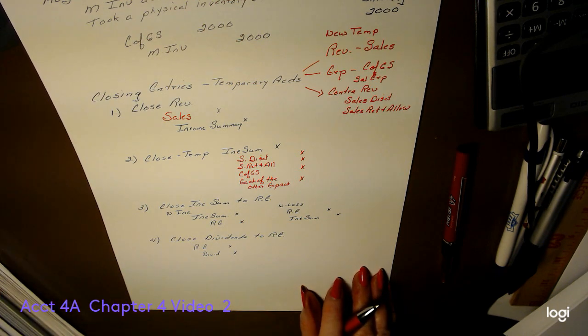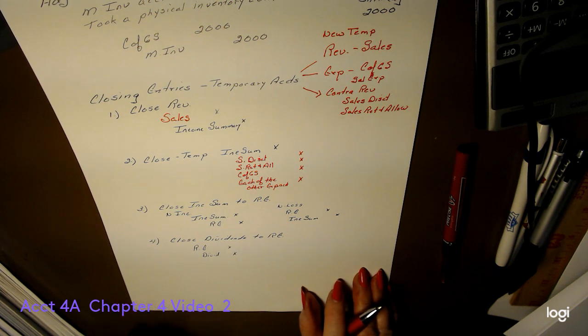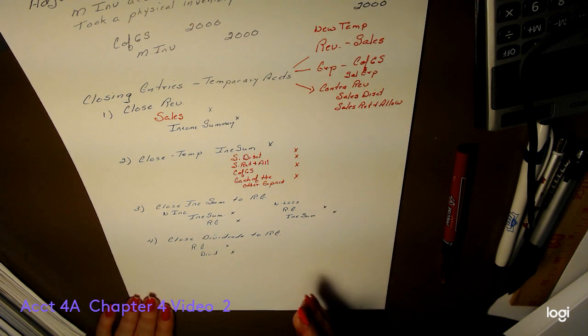So with our videos 1 and 2, we've just about covered all of the transactions and the journal entries that go with a merchandiser.